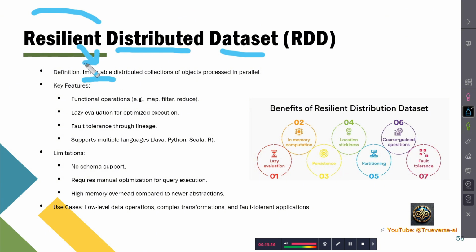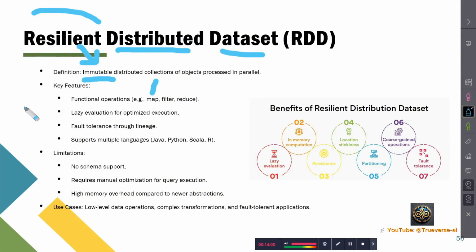Resilient means trying to protect the data so it is not easily changed. So this is the point. In the practical part, you will see in hands-on practice functional operations. I will explain what map and filter are, showing the advantages of the RDD.